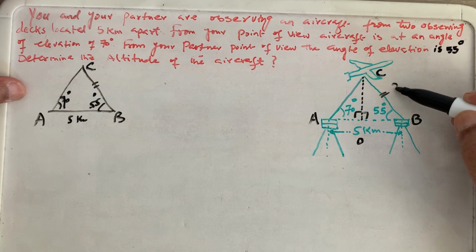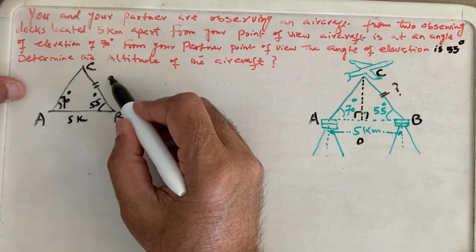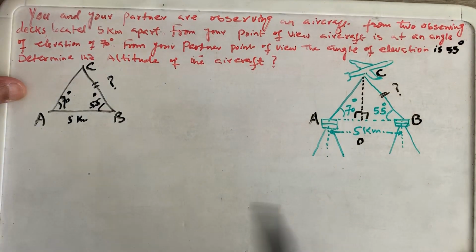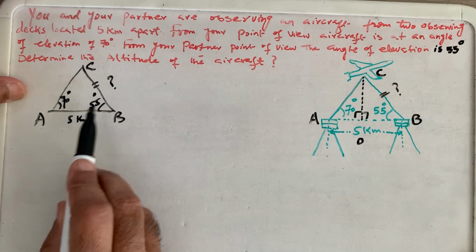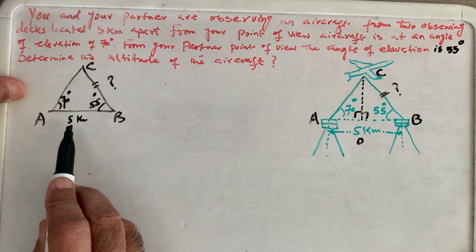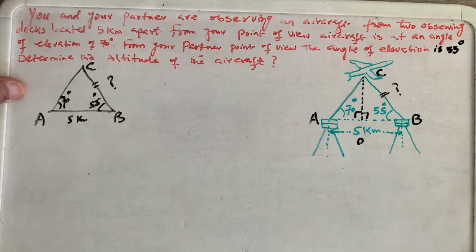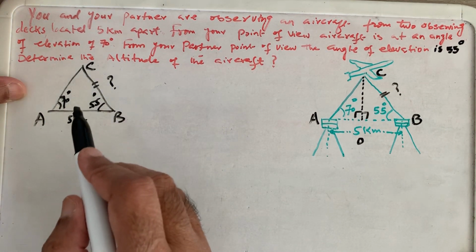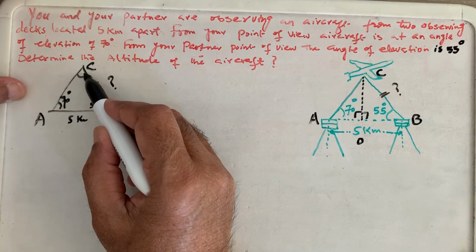So the first thing is to find CB. For CB, we can see that two angles and one side length are given. When two angles and one side are given, we can easily use the sine law. We can also find out this angle C.